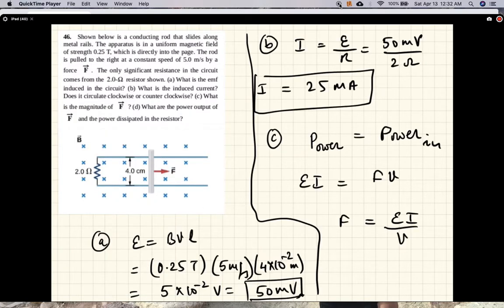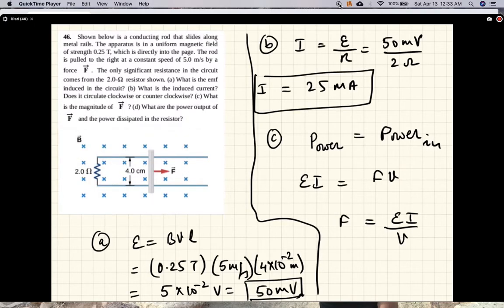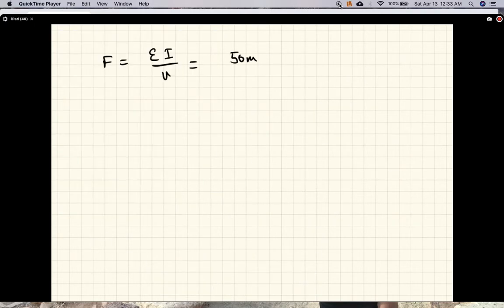Okay, let me add a page. So the force you're applying is EI over velocity, equal to the induced EMF, 50 millivolts, times I, 25 milliamps, divided by the velocity, 5 meters per second.